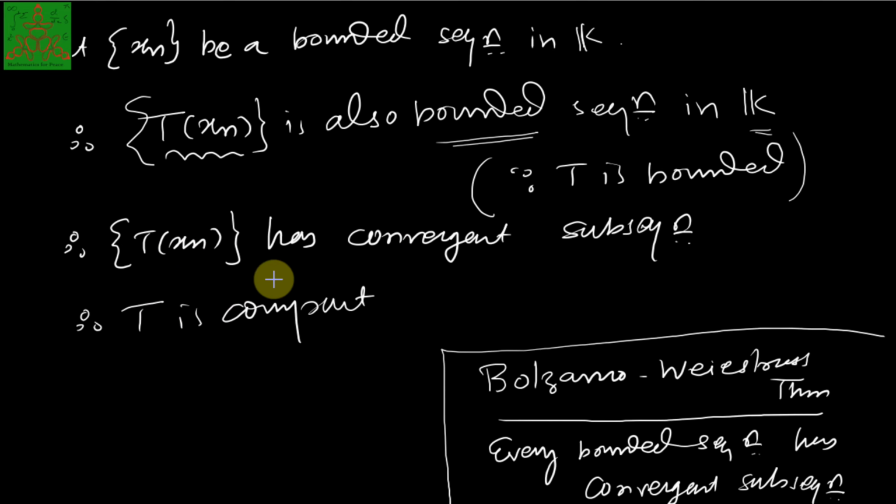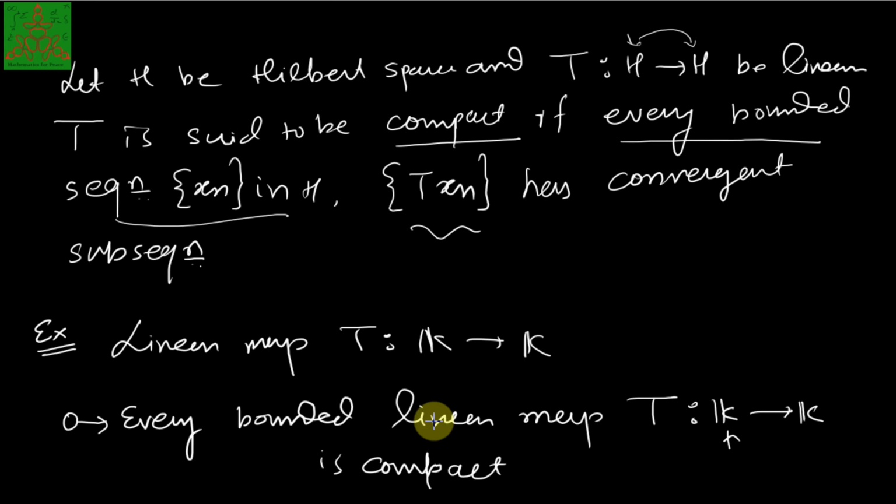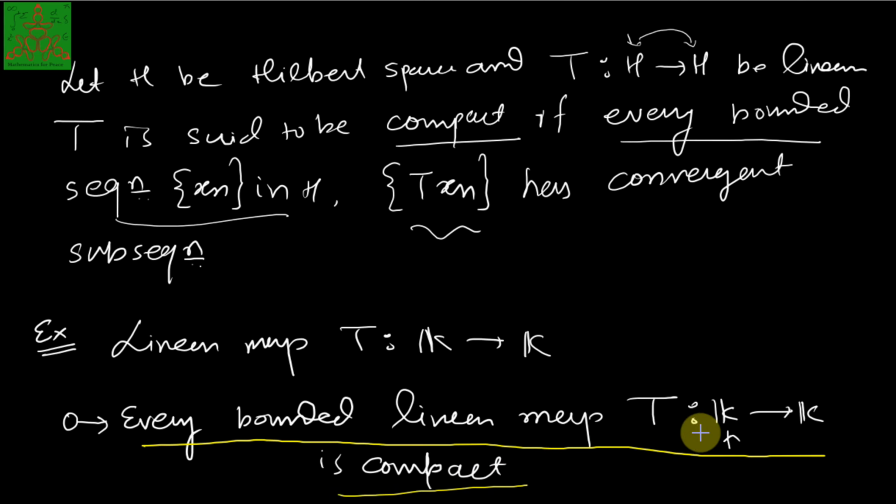Here what we have done is state that every bounded linear operator from K to K is always compact. We can have a more general statement than this.